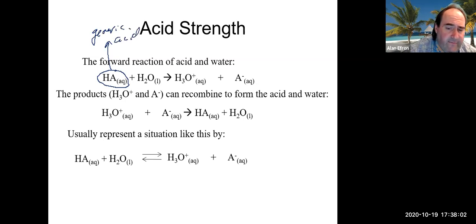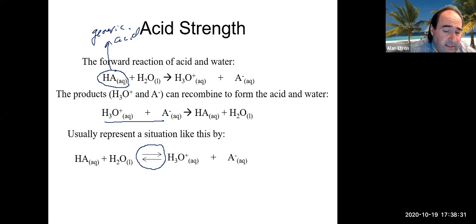In the forward reaction, we do produce H3O plus and A minus, which again is our conjugate acid and conjugate base. But in certain cases, those products can then come back together and form our reactants. And as we can see in this case, our products will become our reactants. In this case, we get this reversible reaction like we talked about in a previous chapter, which is an equilibrium.